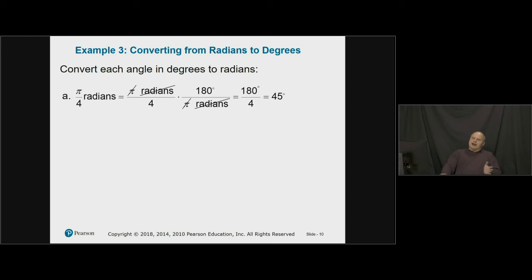I'm hoping you're understanding what's going on. Pi over 4 radians and 45 degrees represent the same angle. It's just a different language. It's just like when you're learning a foreign language. You know your primary language, and when you learn a new one, you translate it into what you know.